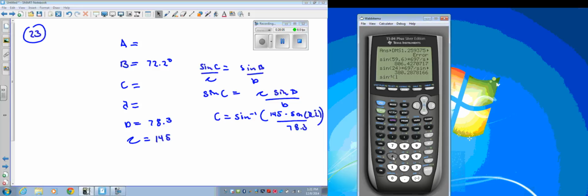So 145 times sine of 72.2, divided by 78.3.